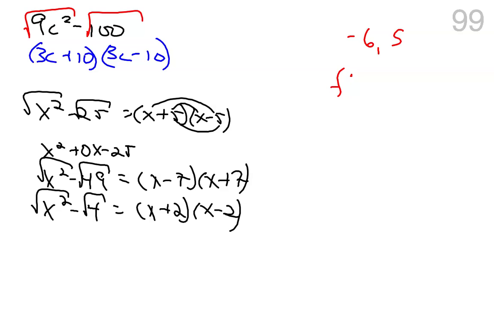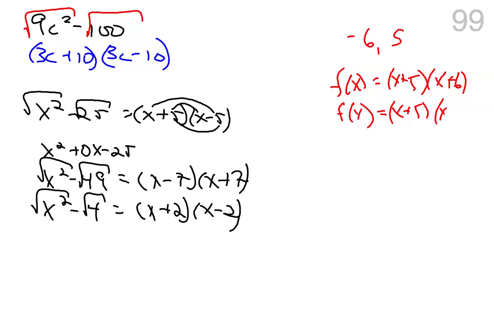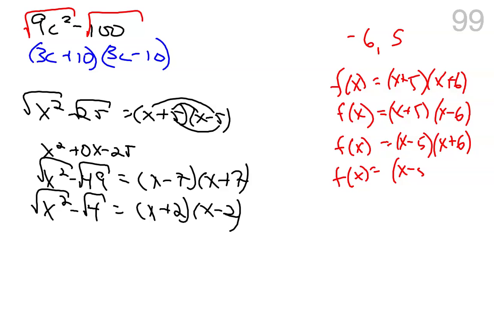The 4 choices are: f of x equals x plus 5 times x plus 6; f of x equals x plus 5 times x minus 6; f of x equals x minus 5 times x plus 6; and f of x equals x minus 5 times x minus 6.